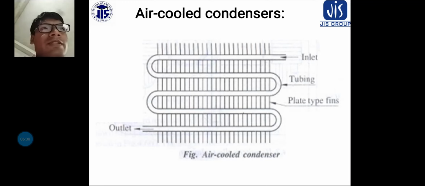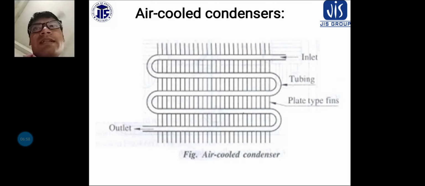In heat transfer you have gone through conduction, convection and radiation, so there is nothing to discuss about what convection is. In conduction there is no movement of the molecules, but in convection a medium is used and the movement of the molecules is there.